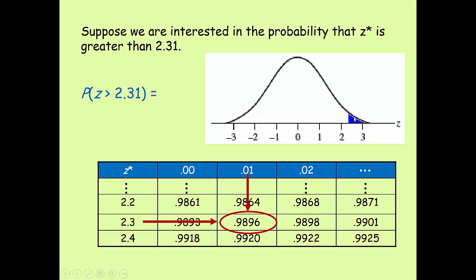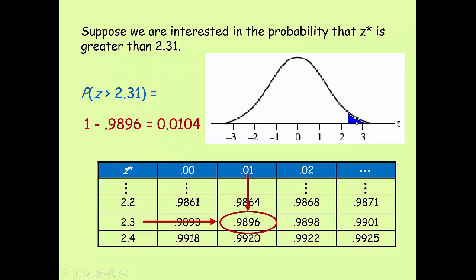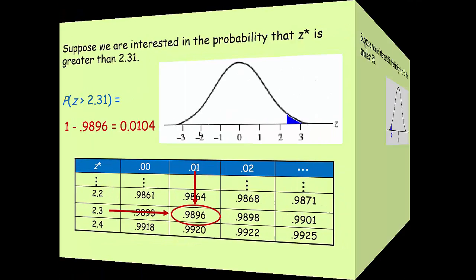If I want this area, I take 1 minus 0.9896. Why 1? Because all the probabilities have to add to 1. So if I want to find greater than, or the area to the right of, I need to take 1 minus. In other words, this 0.9896 is all this white area here, so to get the area on the other side, I take 1 minus.